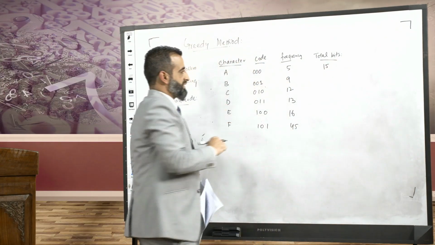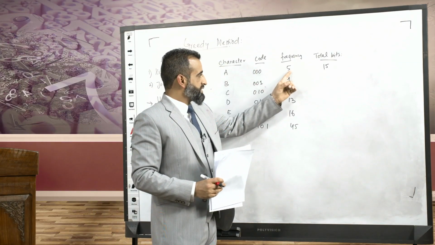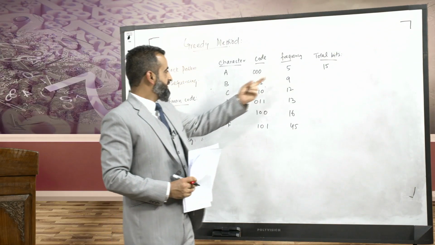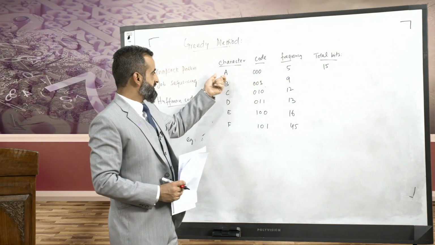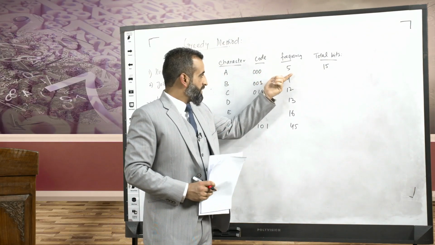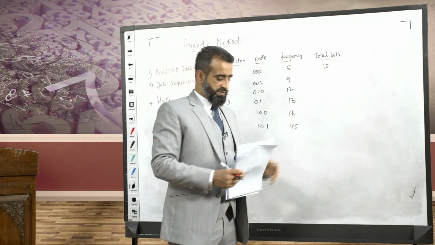Let me say it again: A occurs 5 times in the message that needs to be compressed, and every occurrence requires 3 bits. So 5 times 3 bits is 15 bits.